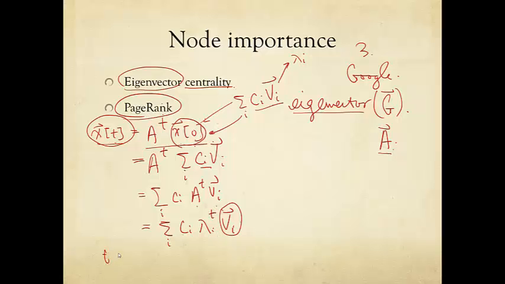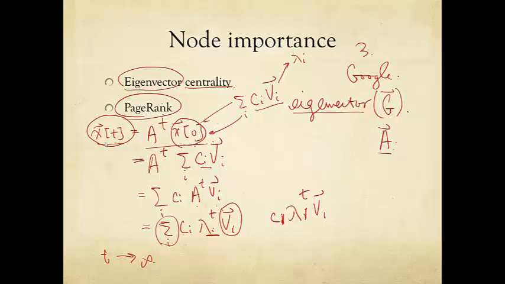So as time goes on, what would dominate this summation is really the one associated with lambda 1. So this becomes basically like c1 times lambda 1, the largest eigenvalue, to the power t, times v1.